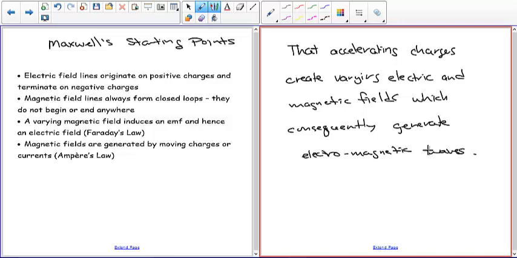So what electromagnetic waves are, are varying electric fields and magnetic fields that feed off of each other.